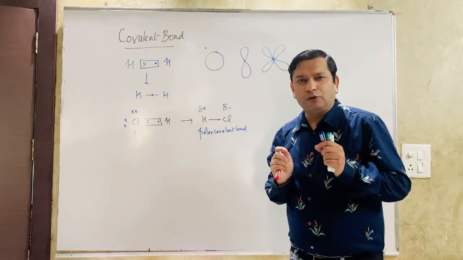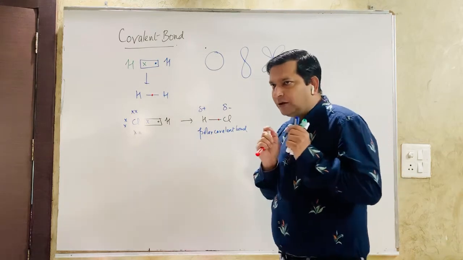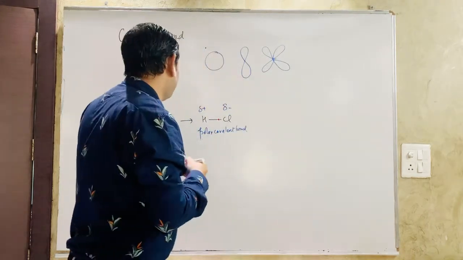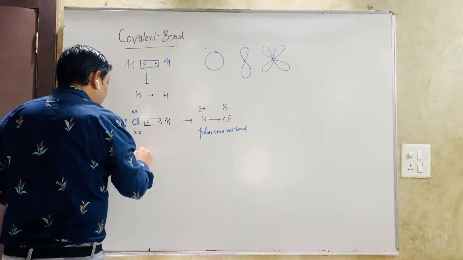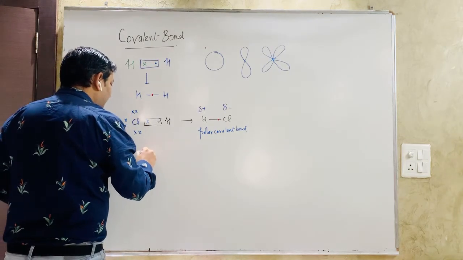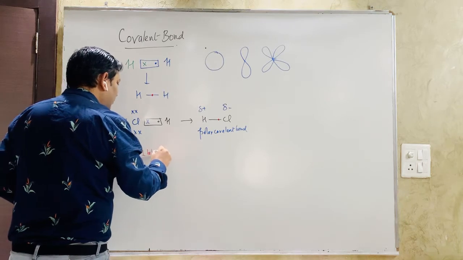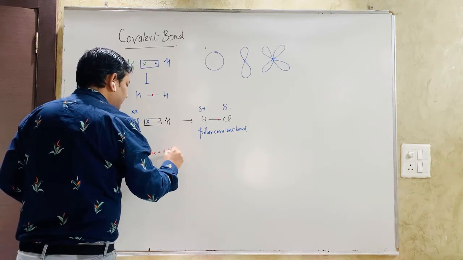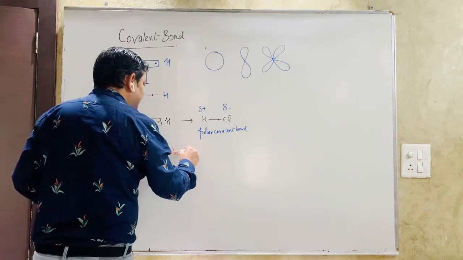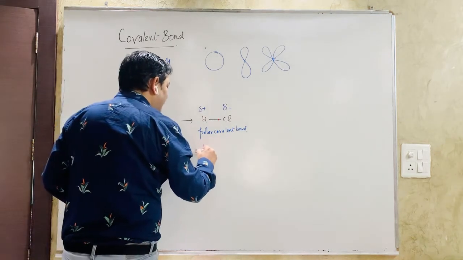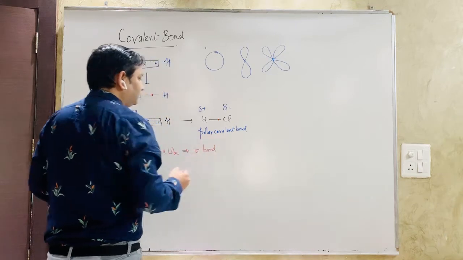Now, if I want to talk about a covalent bond in terms of overlap of orbitals, I am very clear that if there is an overlap of one lobe and one lobe, then I will get the formation of a bond called a sigma bond.